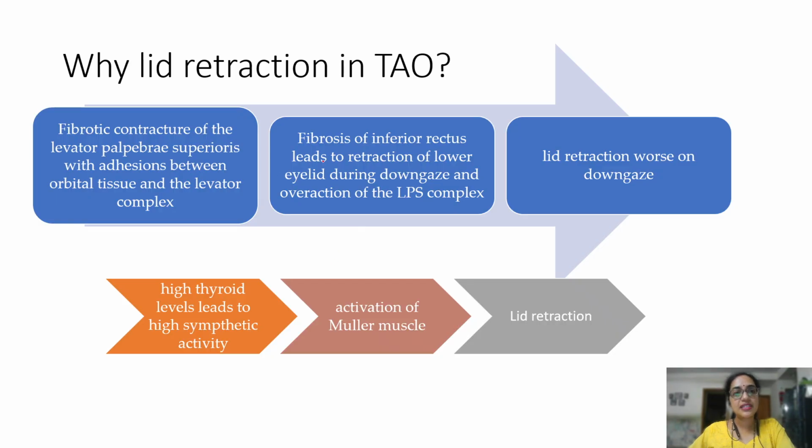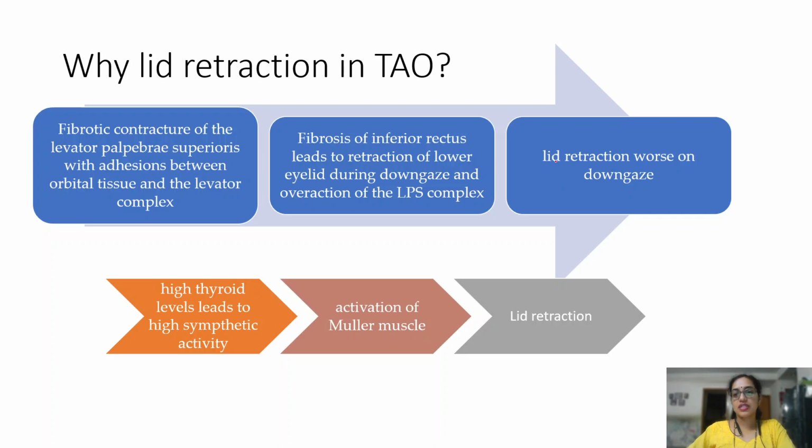So let's understand why we get lid retraction in thyroid orbitopathy. There is fibrotic contracture of the levator palpebrae superioris, which leads to formation of adhesions between the orbital tissue and the levator complex. Also, there is fibrosis of the inferior rectus, which leads to retraction of the lower lid during down gaze. Following this, there is an overaction of the LPS complex.